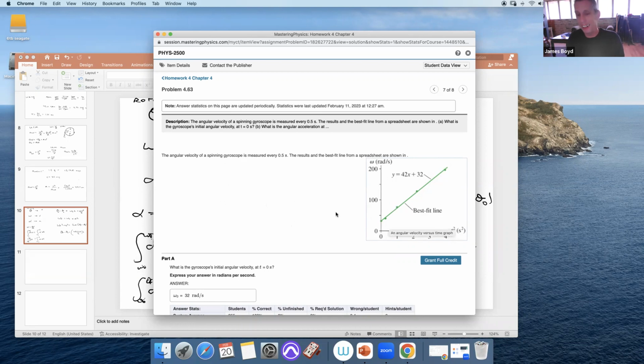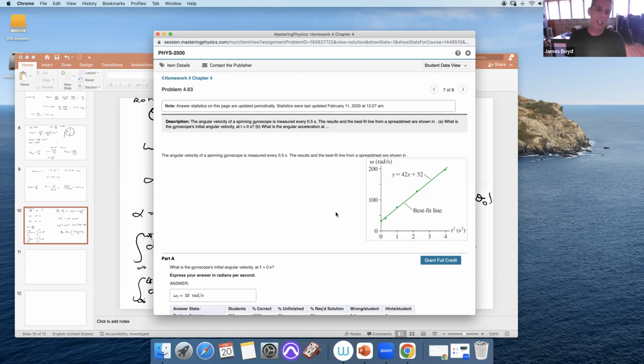But this is actually t squared in this problem. It's a little weird. This is actually a harder problem. I started to do this in class and I realized, wait, I forgot this is one of those weird ones. So this graph is actually omega versus t squared. And we're going to have to do a little bit of work on this just to make sure that we understand what we're actually looking at.